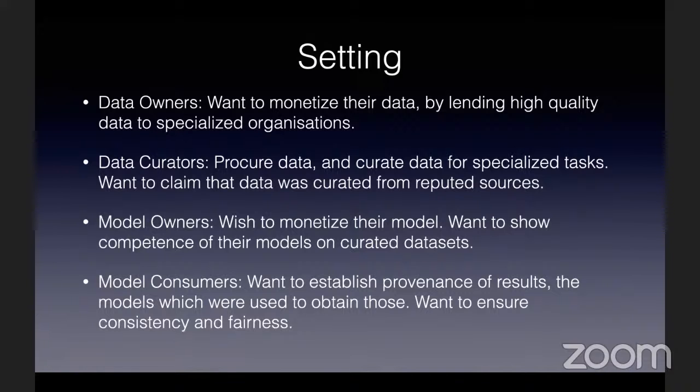And finally, there are model consumers, and they want to establish, as we discussed, provenance of the results, the models which were used to obtain those, and want to ensure consistency and fairness, right? Consistency is like the same model was used to process Alice's application as the one that was used to process Bob's application. And fairness is that it doesn't discriminate based on sensitive features like gender, etc., right?